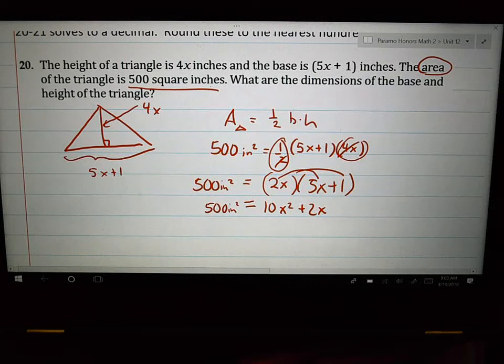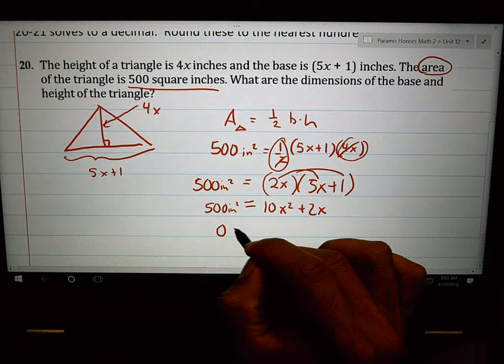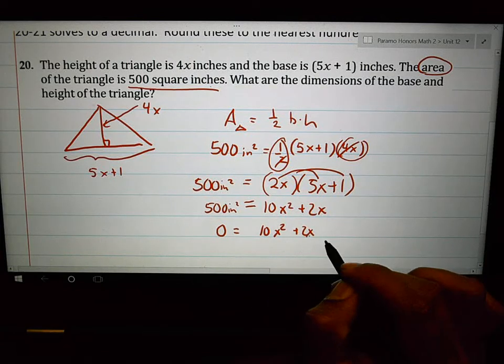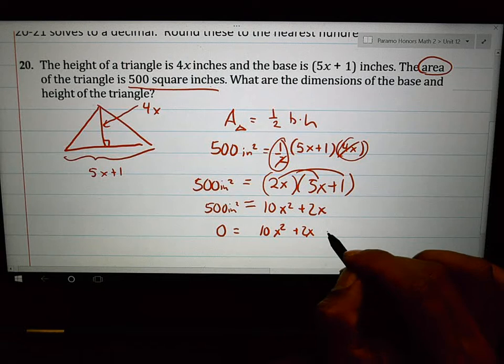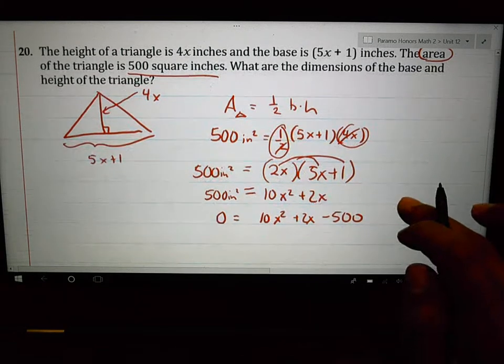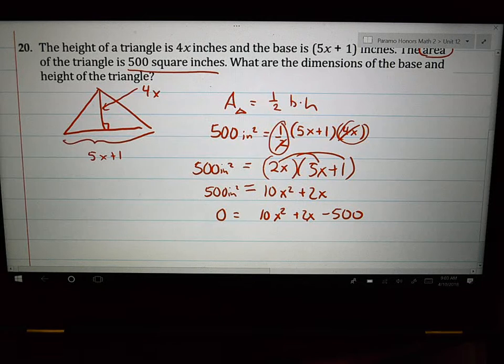Now what I would do is I would subtract 500 and get 10x squared plus 2x minus 500 equals 0.